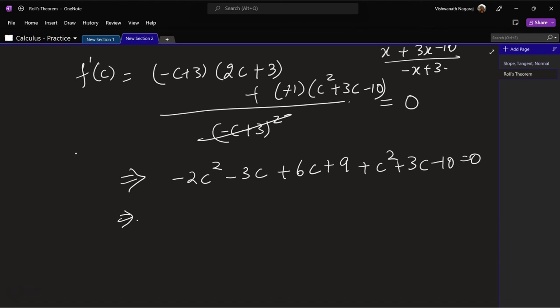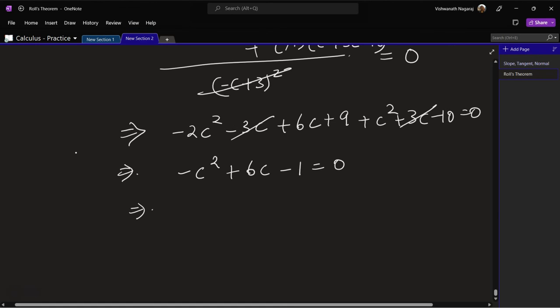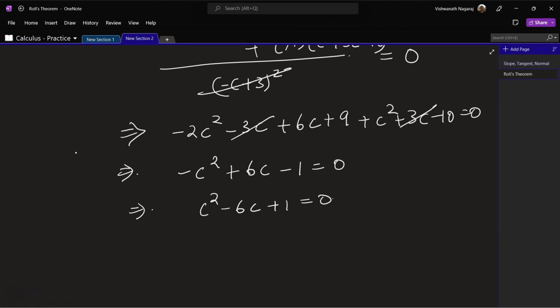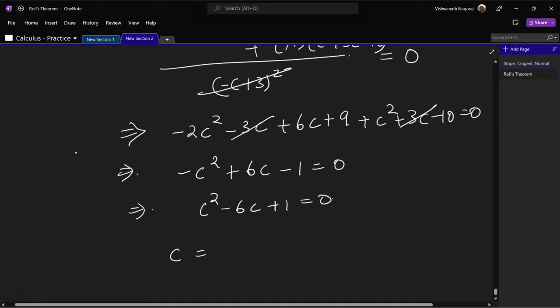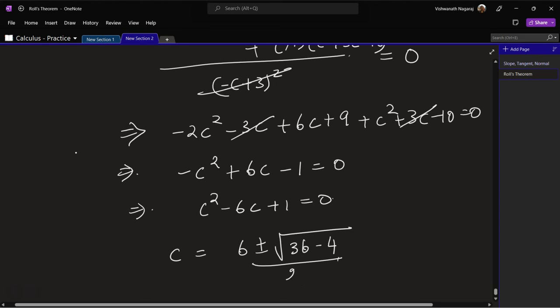which implies minus 3c plus 3c, minus 2c square plus c square. So minus c square plus 6c minus 1 equal to 0. Okay, let's multiply it by minus 1. We get c square minus 6c plus 1 equal to 0. So c is equal to minus b plus or minus square root of b square minus 4ac, divided by 2a.